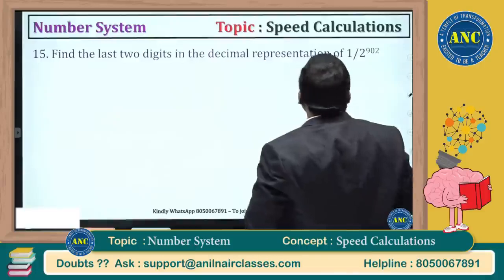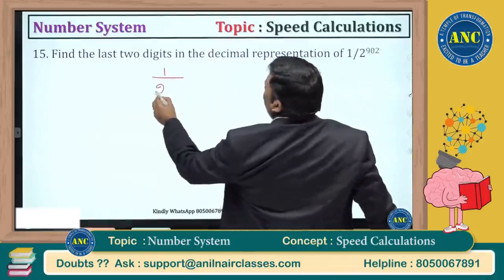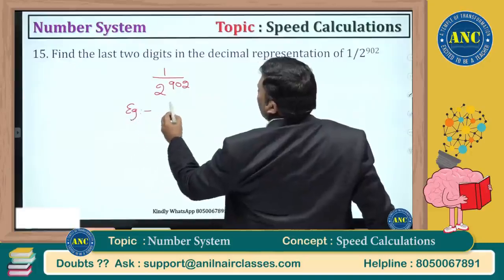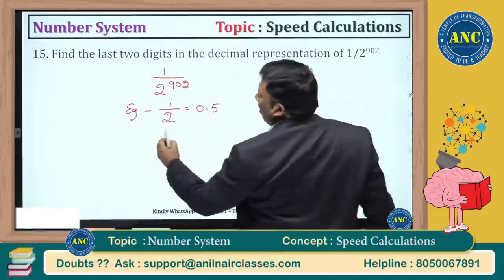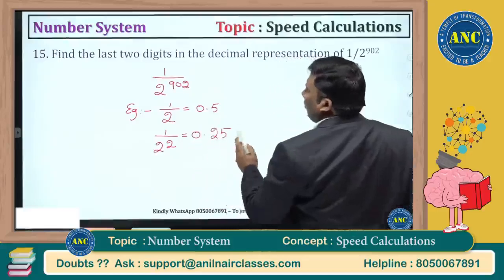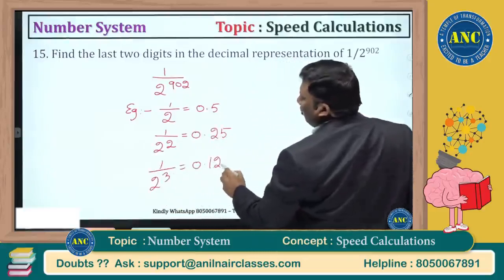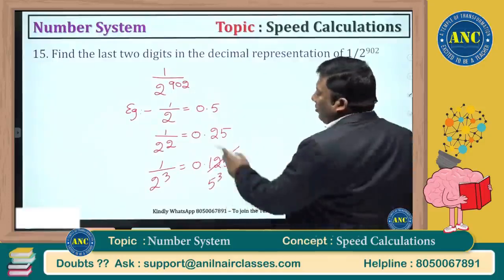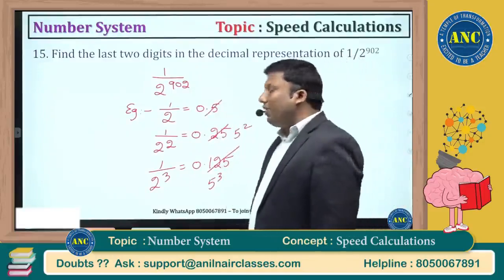Now see here. 1 by 2 power 902. Very, very easy question. Examples will help us understand. 1 by 2 is nothing but 0.5. 1 by 2 square is 1 by 4, which is 0.25. 1 by 2 cube, 1 by 8, is 0.125. 125 is nothing but the last three digits of 5 power 3. 25 is the last two digits of 5 square. 5 is 5 power 1.